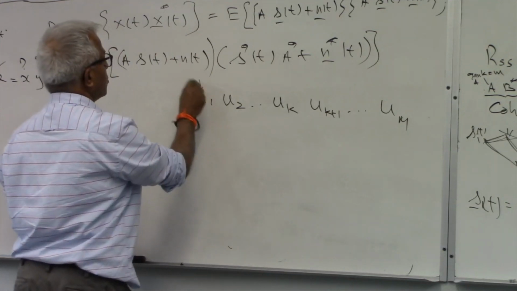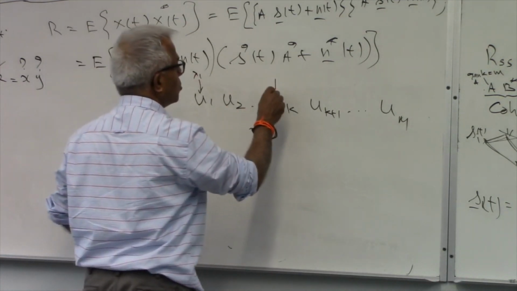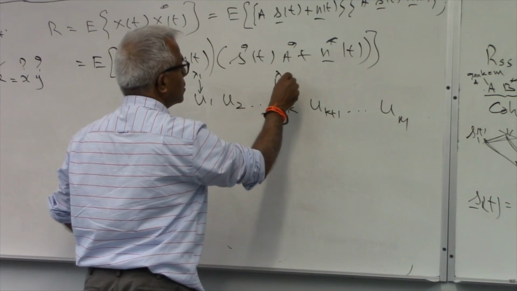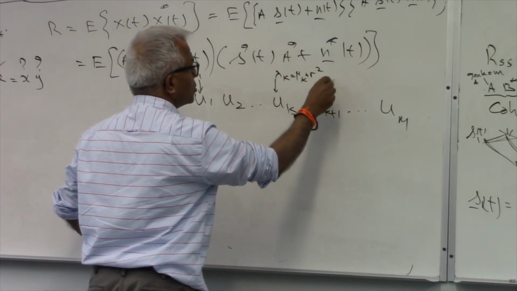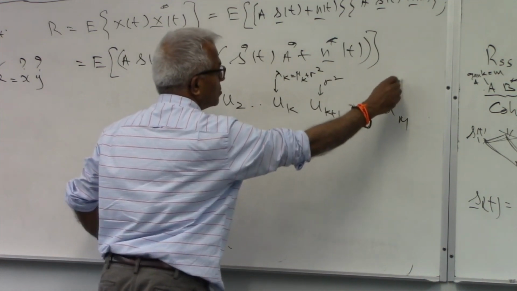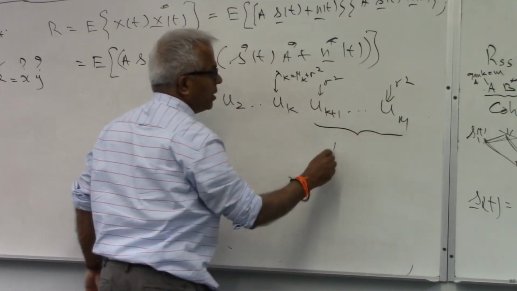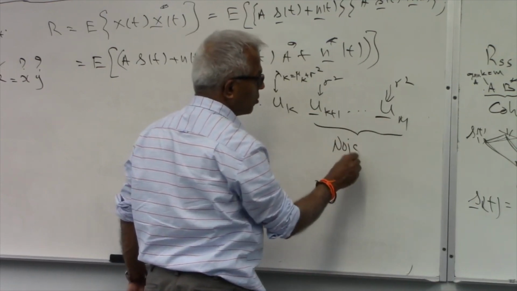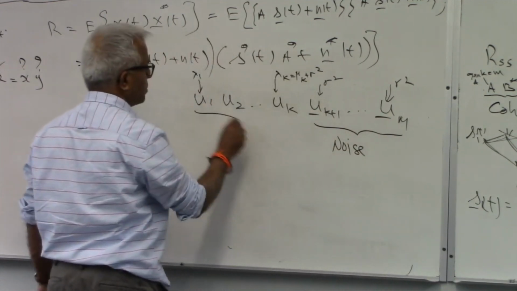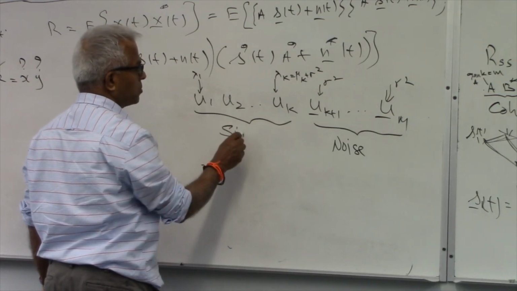These correspond to eigenvalues lambda 1 through lambda k, and these others correspond to noise eigenvalues. Remember these are vectors spanning a whole dimension, so I'm going to separate this into a signal and noise subspace.